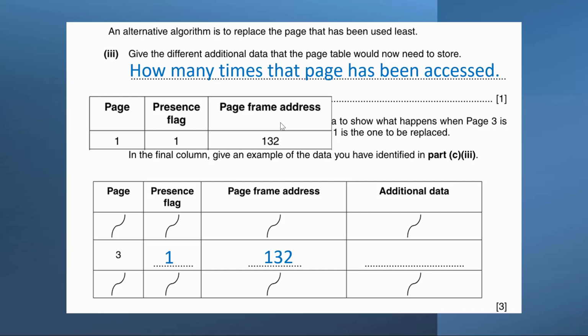Because it just got swapped in, how many times has it been accessed by the process? 0 times. Because it just got onto the main memory, it hasn't been accessed at all. It starts with an access number of 0. That's how many times it has been accessed. So you want to watch out for that and be very careful.